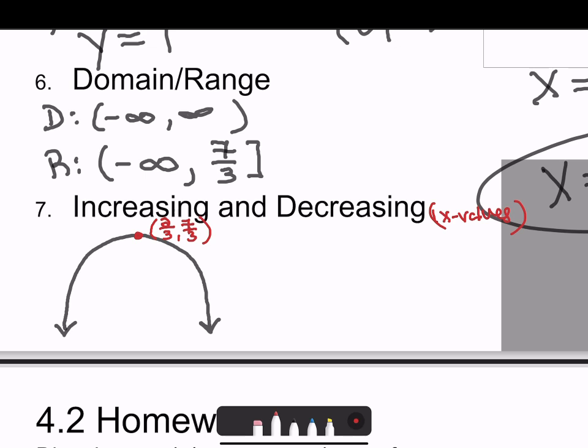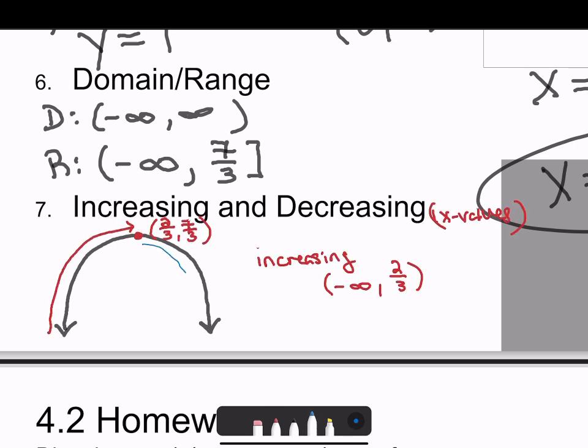So you're always reading from left to right. If I start on the left-hand side and I'm going like this, that's going up the roller coaster. So that's increasing. And that's going to go from negative infinity to 2/3. That is all increasing.